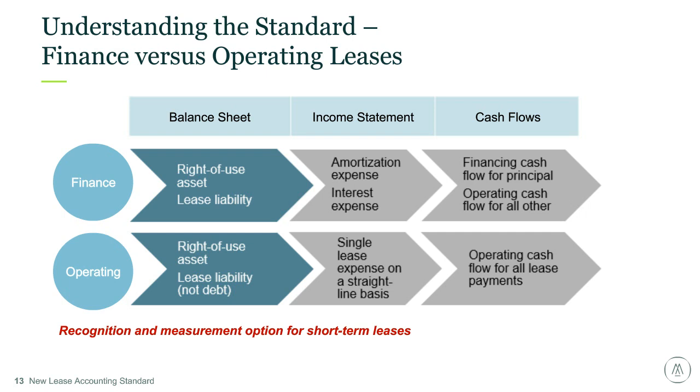The basis for conclusions to the new lease accounting standard discusses the intention to characterize operating lease liabilities as operating liabilities rather than debt or debt-like liabilities. This is because from an economic perspective, they are significantly different from finance lease liabilities.